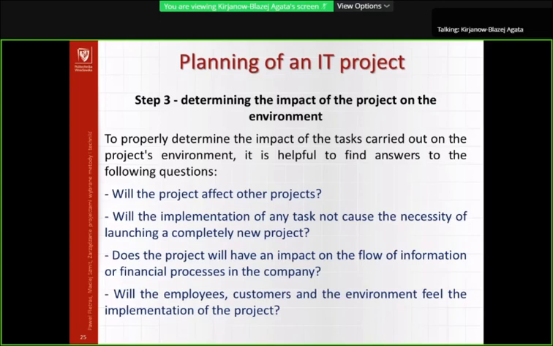Will the implementation of any task not cause the necessity of launching a completely new project? Will the project have an impact on the flow of information or financial processes in the company? And last question, will the employees, customers, and the environment feel the implementation of the project?